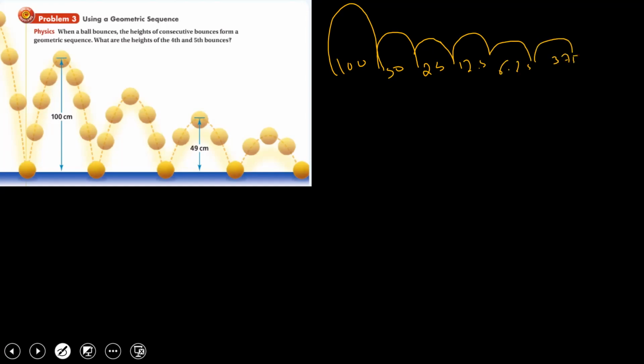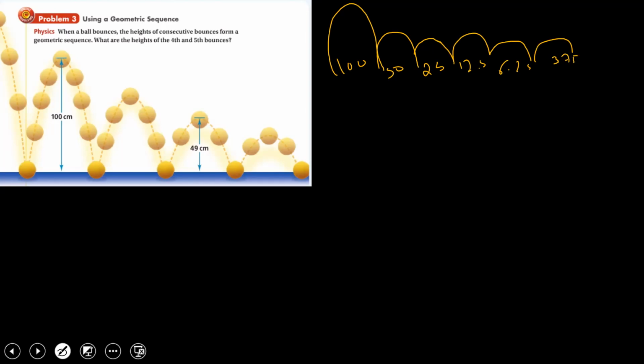It starts with a greater height, like 100, 50, 25, where height is in centimeters, then 12.5, then 6.25, then 3.75, and so on.